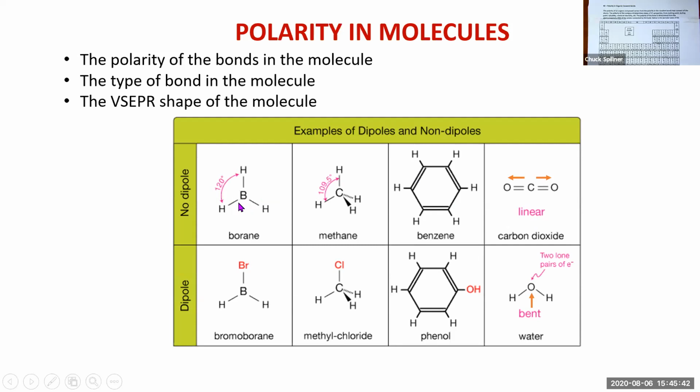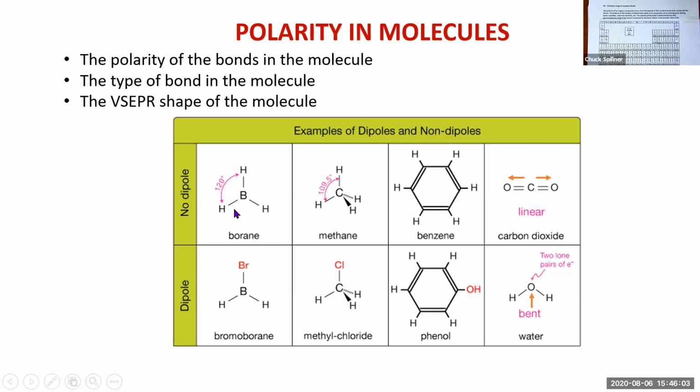The boron has an electronegativity of 2, hydrogen is 2.1, so you only get a delta EN of 0.1 here. So the hydrogen might be partially negative, and the boron is partially positive. It's very weak.